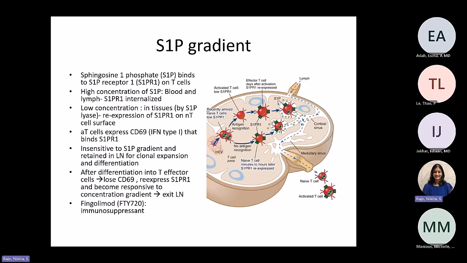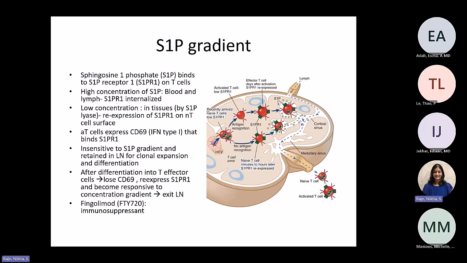So when it's activated, it can bind to the S1PR1. When the S1PR1 is internalized, there is nothing for the S1P to bind to. Right? When it's internalized, even if the S1P is there, it doesn't do anything.